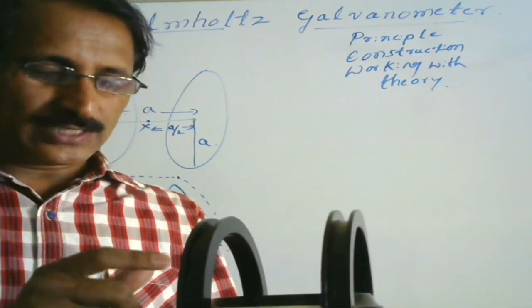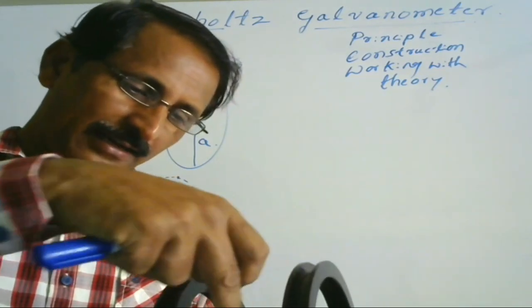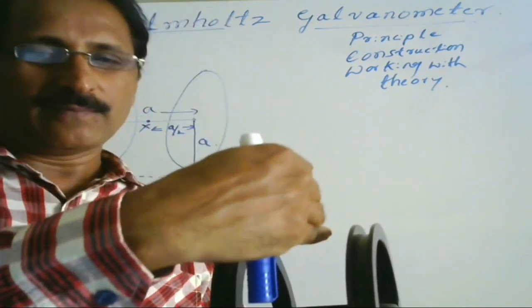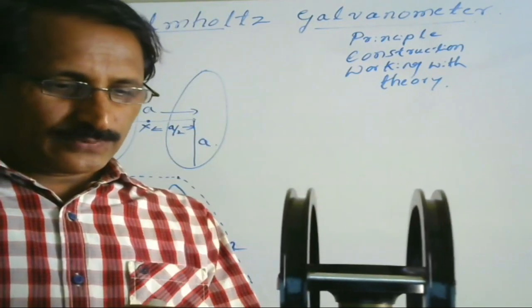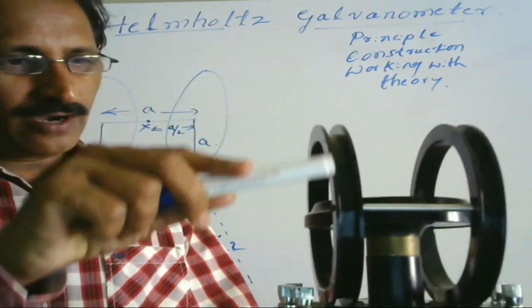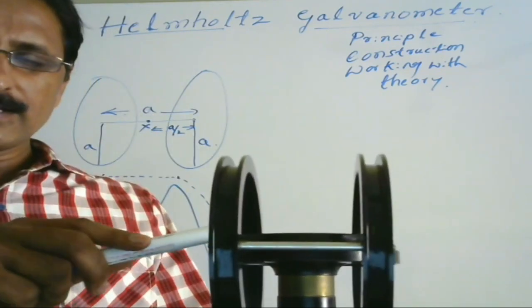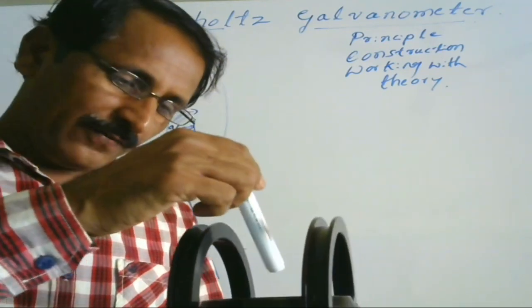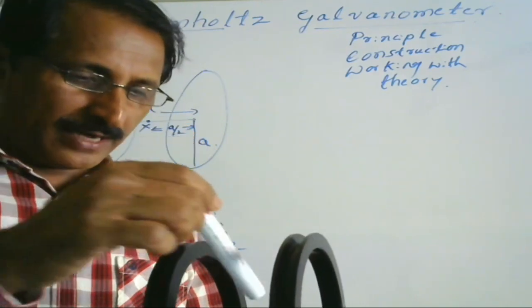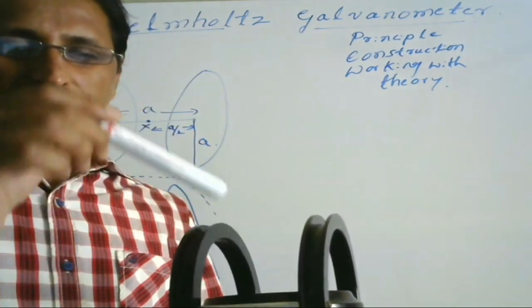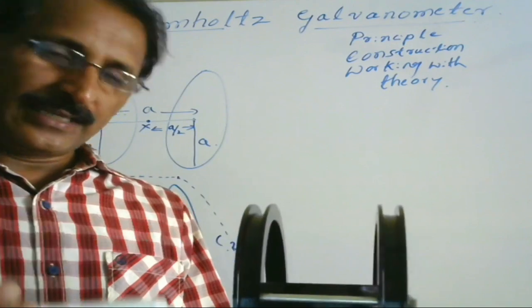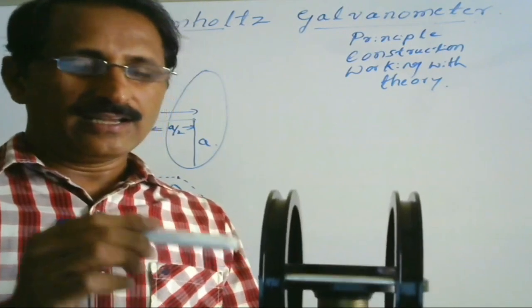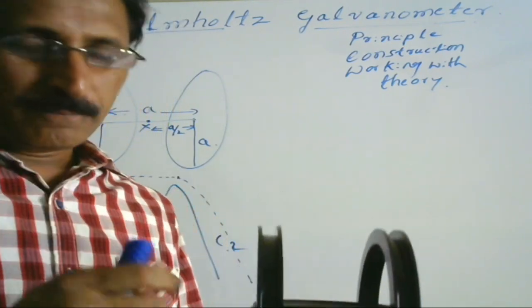In this situation, the magnetic needle is in the plane of the coil. The field formed due to these coils and the direction of the horizontal component of the magnetic field are perpendicular to each other. In this situation, the tangent law can be applied.